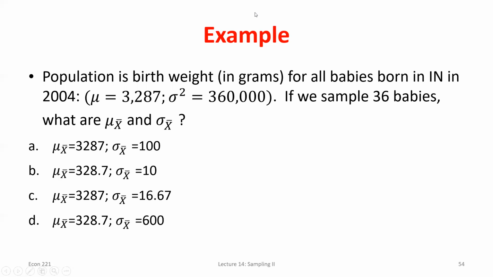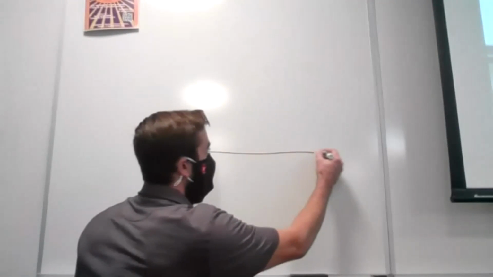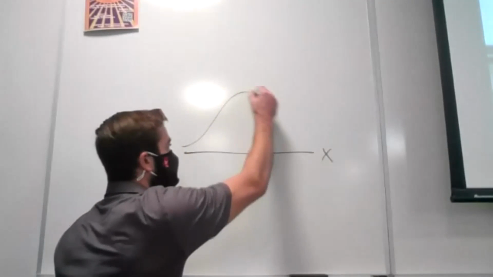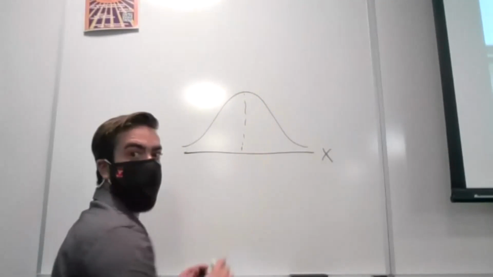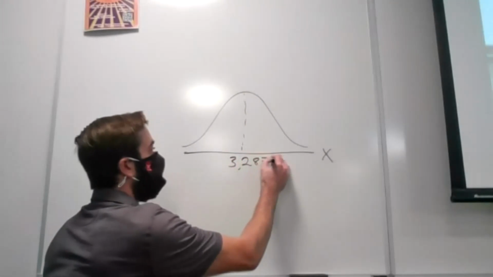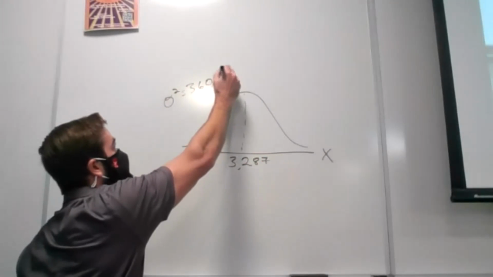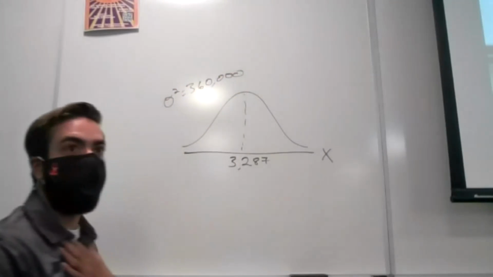Okay. So one way to think about this is, I've got this original variable x that I'm sampling from. I know that the average is 3,287, and the variance is 360,000.